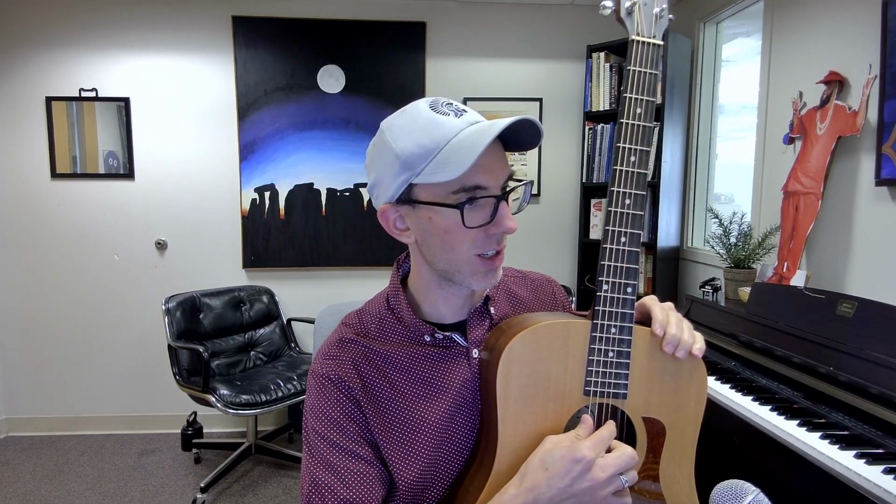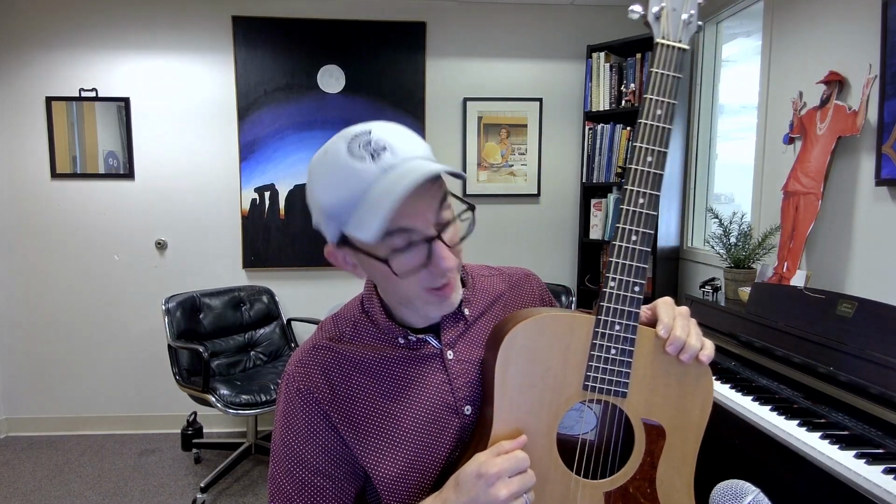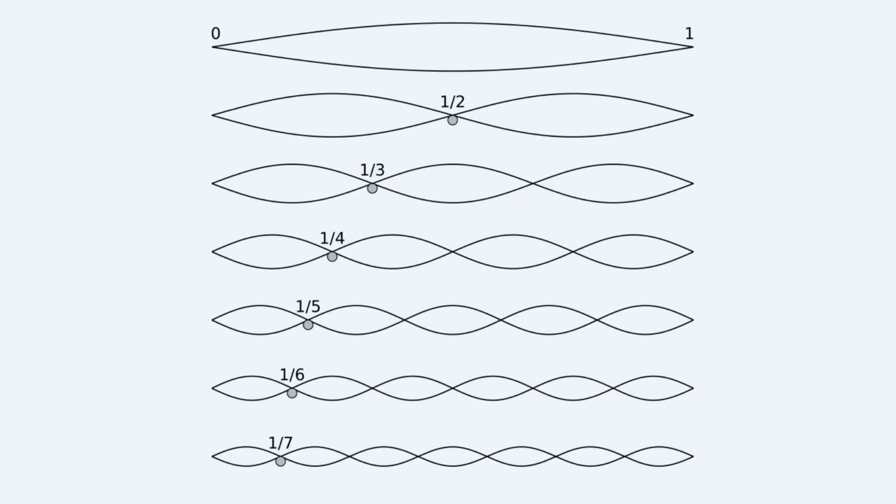This string is going back and forth super fast. If you ever get up close to a guitar string, you can see it vibrating. But what you can't see is that it's actually vibrating at multiple pitches along that string at the same time.